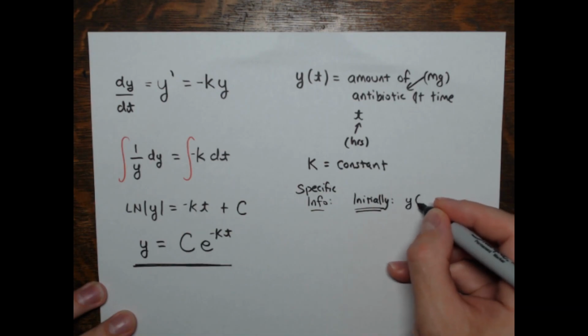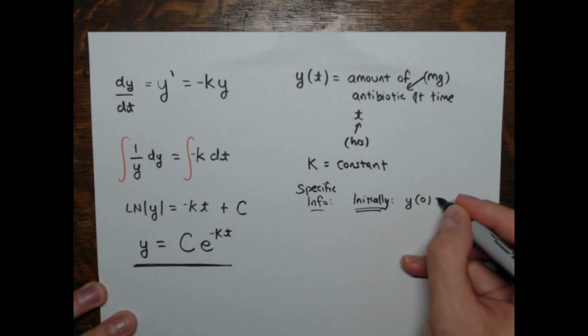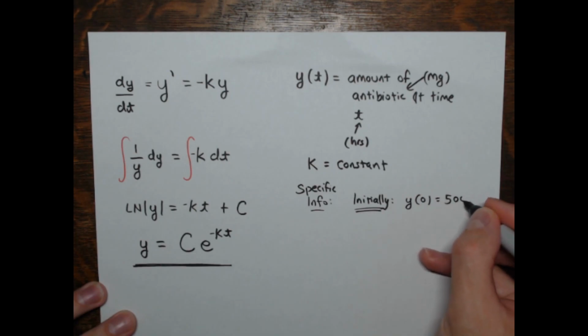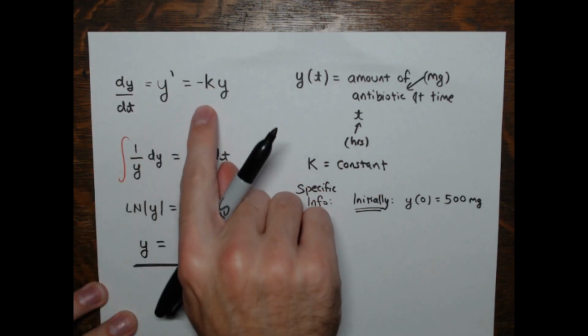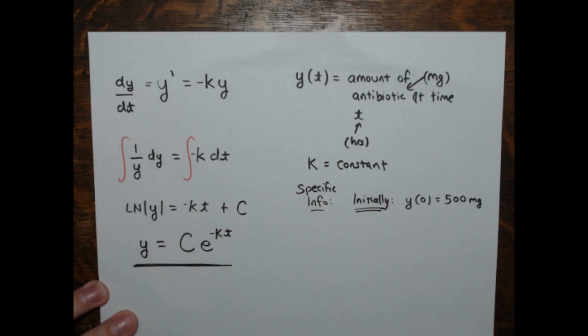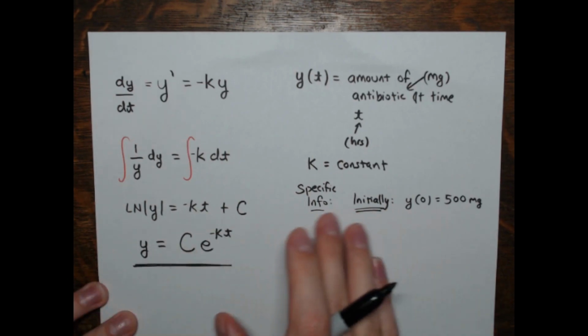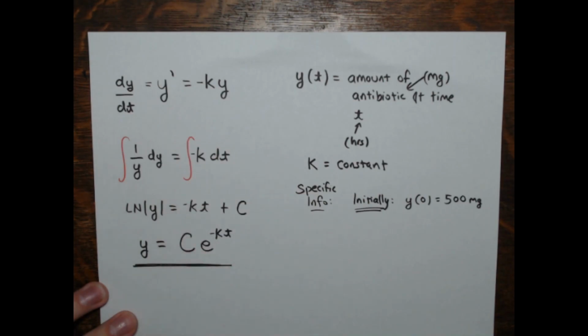So we got y of 0 is 500 milligrams, right? Initially you have this 500 milligrams of the antibiotic inside you, and then it starts slowly dissolving away, right? The amount decreases over time, of course. That's why it should be minus k, not k. Yeah, something looked a little fishy. That's why I was kind of hesitating. Then I looked back and, oh yeah, it should be y prime equals negative ky.